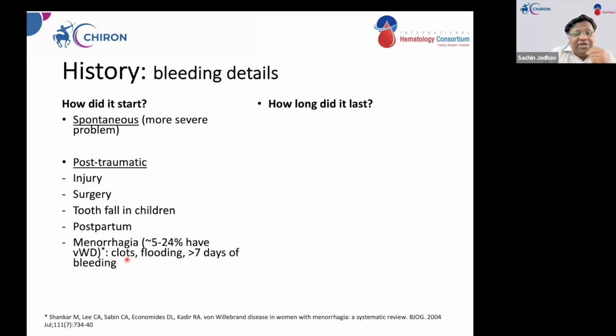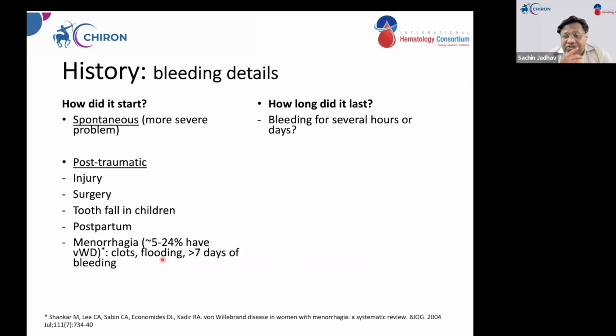That is overwhelming of her physiology. Often, women who have menorrhagia will say, "Doc, second day or third day, it's like a flood, right? There's flooding of menstrual blood, or I bleed for more than a week." So these are some important markers to tell you that there may be an issue with coagulation.